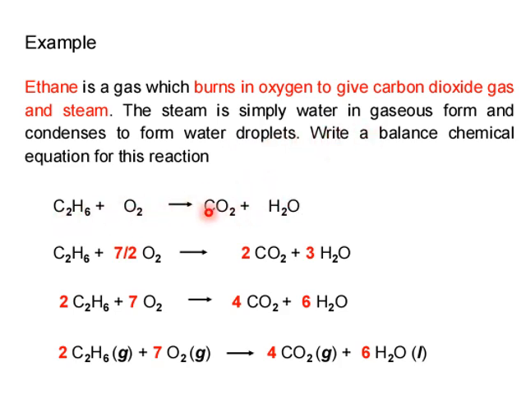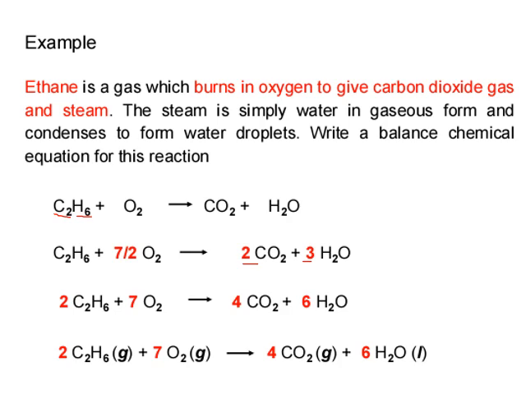Look at the left, we have this here, but here it is not. So balance first. C2 here, so you put 2 here, alright, so that's balanced for C. And then look at H. H has 6 hydrogen, but this has only 2, so you multiply by 3, so you get 3 H2O. Now what we look at next is oxygen.